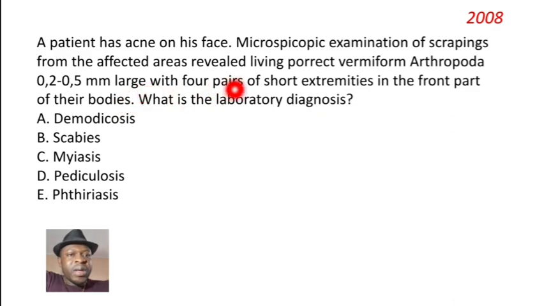With 4 pairs of short extremities in the front part of their bodies. What is the laboratory diagnosis? Okay, so here are the keywords: 4 pairs of short extremities on the front part of their bodies, right? So this one is definitely a mite, right?